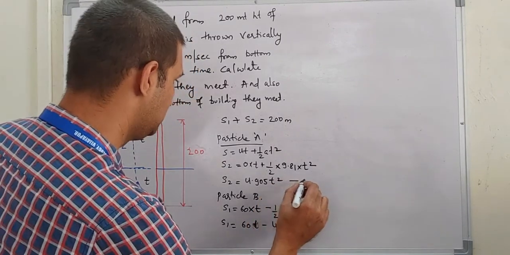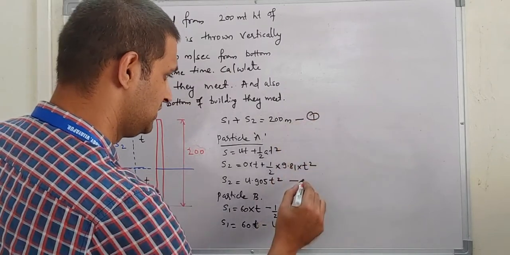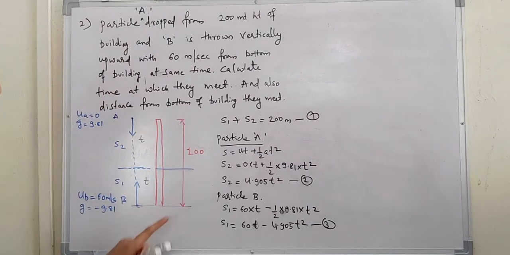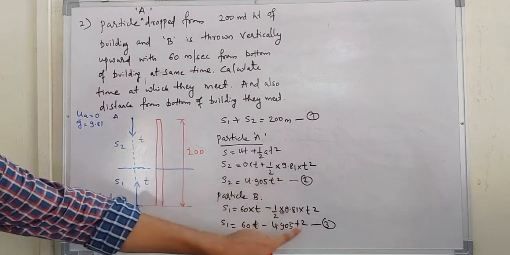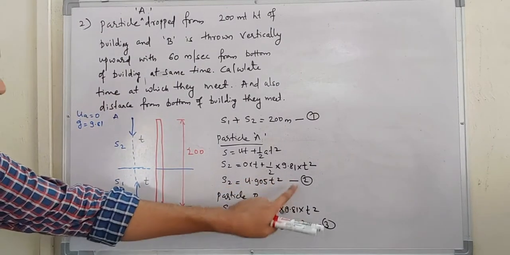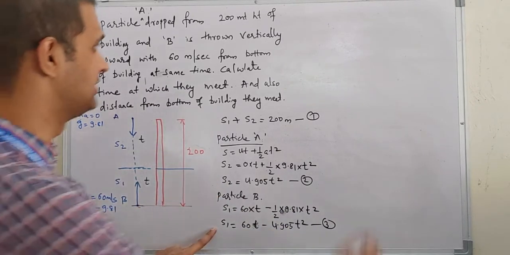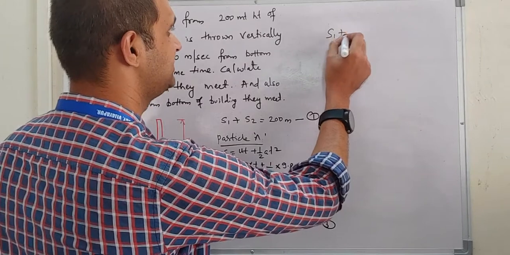I will write this as expression 1, the second one as expression 2 and the third as expression 3. When you add up expressions 2 and 3, the LHS will be S1 plus S2.